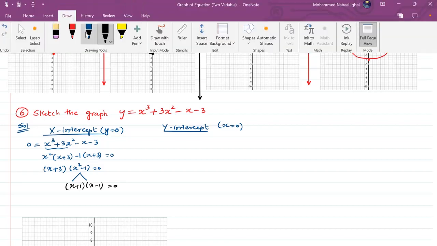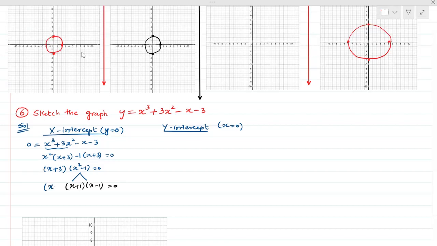The remaining factor is x plus 3. If you set each equal to 0, you will get x equal minus 3, x equal minus 1, x equal 1. So the points are minus 3 comma 0, minus 1 comma 0, and 1 comma 0. You will get three x-intercepts.